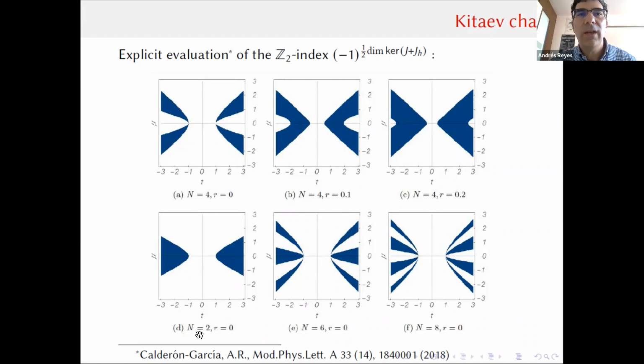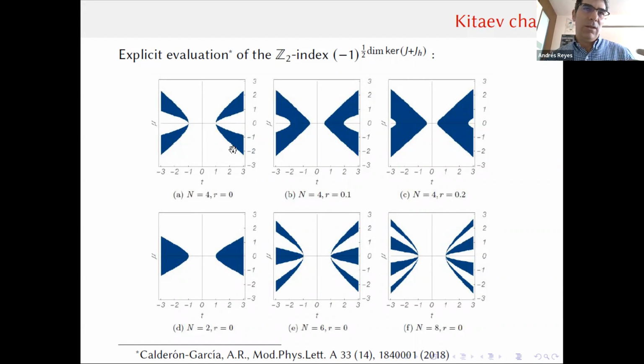You see that if I take n equal to 2, the index has this behavior, and for the same set of values of the parameters t and mu, if I just add 2 more sites with the same conditions, then the index changes in this way. So it has a very complicated behavior as I change the lattice size.